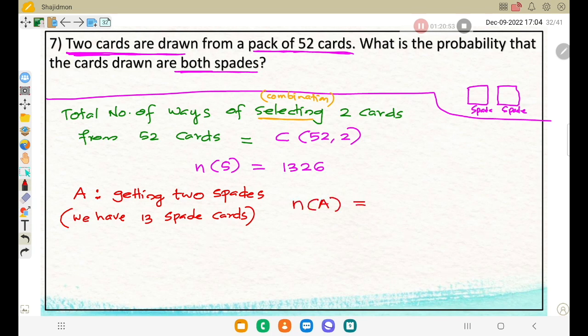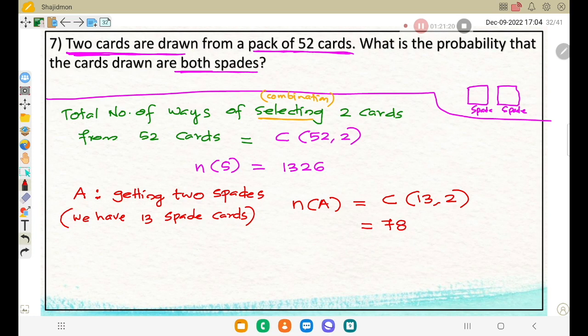Number of ways of 2 spade card selection is the combination of 13 spade cards, choosing 2 at a time. Because we need both spade cards, and we have 13 spade cards. So 13C2. So what will be the answer?